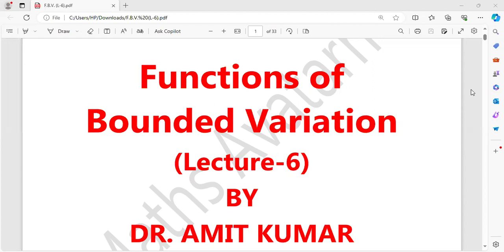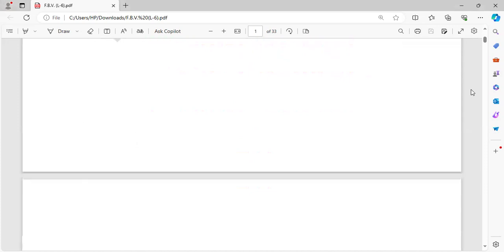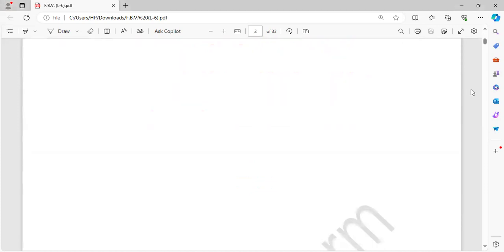So let's begin our topic. Today we are going to give an example of a continuous function which is not a function of bounded variation.